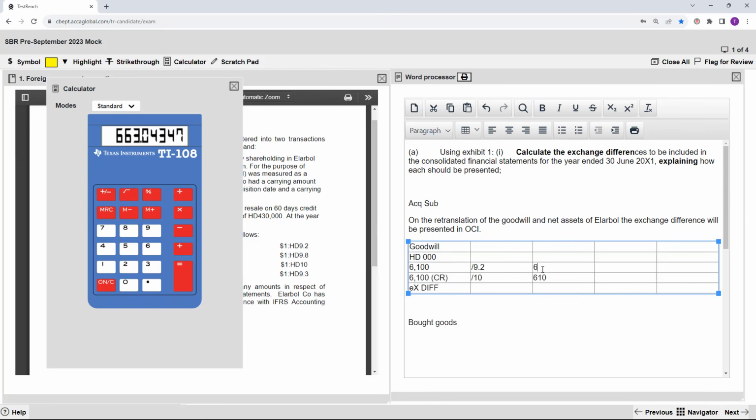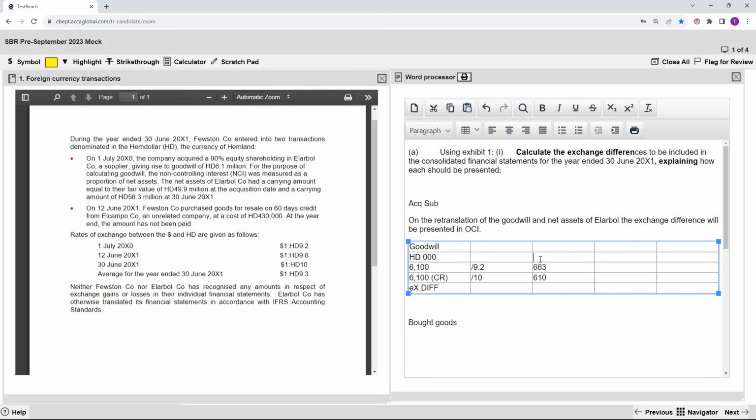Remember, this figure of 663 is in dollars and is in thousands, and therefore we've got a difference there of 53. This is the retranslation of goodwill, which is getting bigger. So therefore this represents an exchange gain.